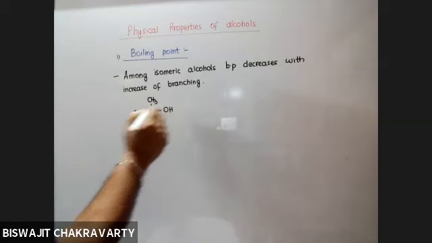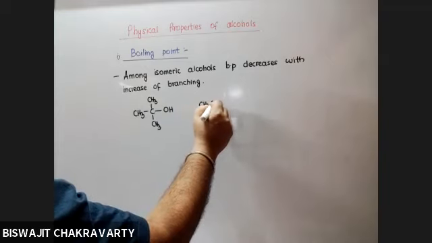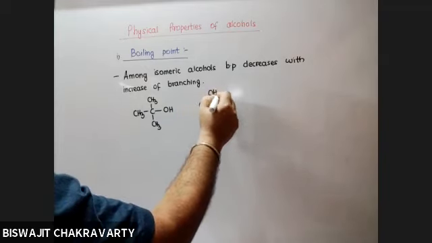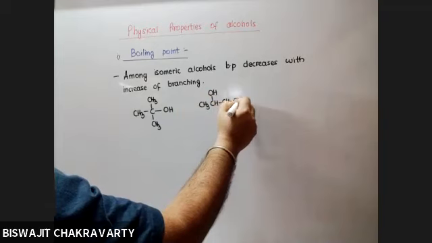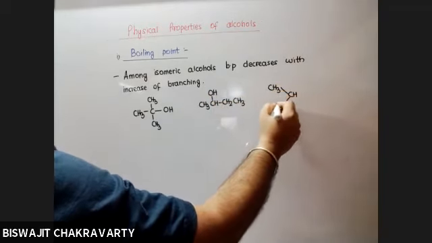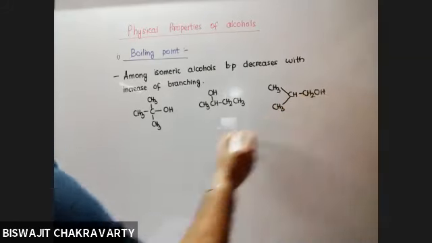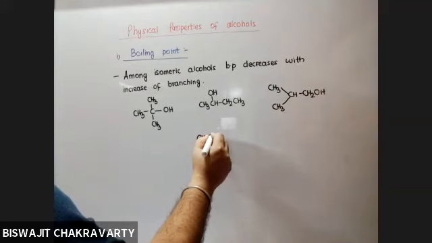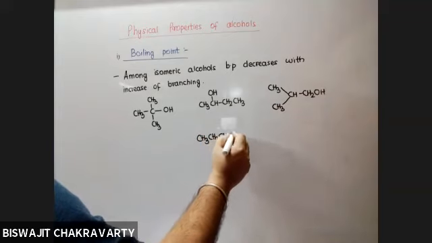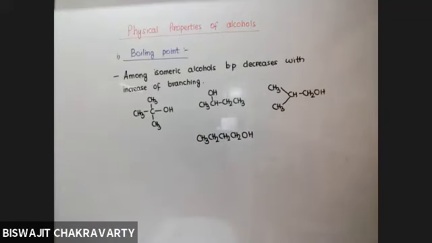This is tertiary butyl alcohol. This is secondary butyl alcohol. This is isobutyl alcohol. And this is N-butyl alcohol. So which of the four will have the highest boiling point? Which has minimum surface area?